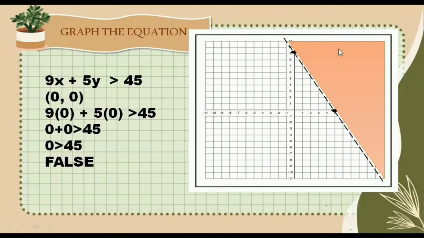Because we shade this side of the half plane, this indicates that all points with these coordinates are part of the solution set, or all points in this region satisfy the inequality 9x plus 5y greater than 45. So that is how we graph the linear inequality 9x plus 5y greater than 45.